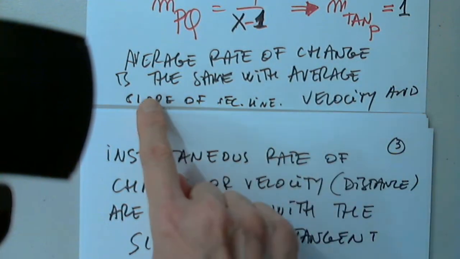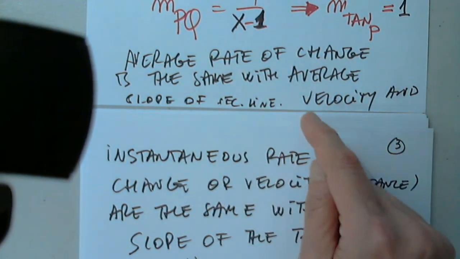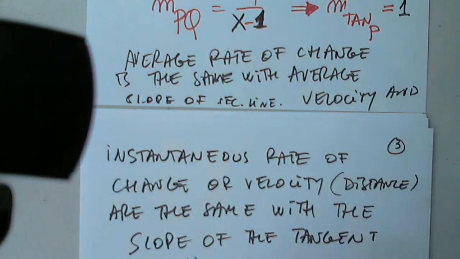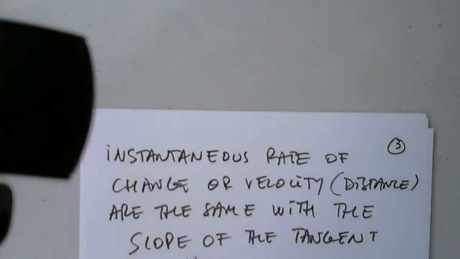The average rate of change is the same with the average velocity and the slope of the secant line. All the same. The instantaneous rate of change or instantaneous velocity, they are the same with the slope of the tangent line. At that point, of course. So I want to talk a little bit and then we can move on.